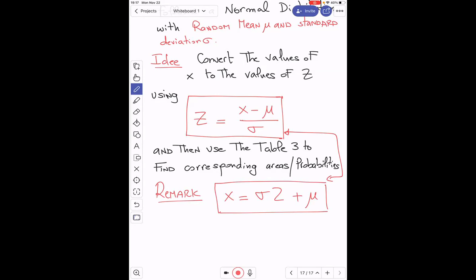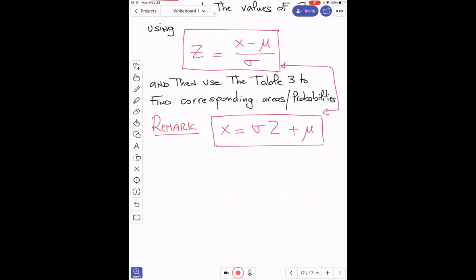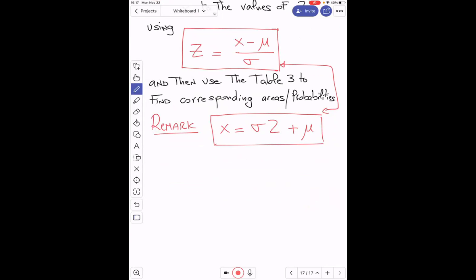Anyway, let me give you a couple of examples. I can probably use an example from the textbook. Example number 1.